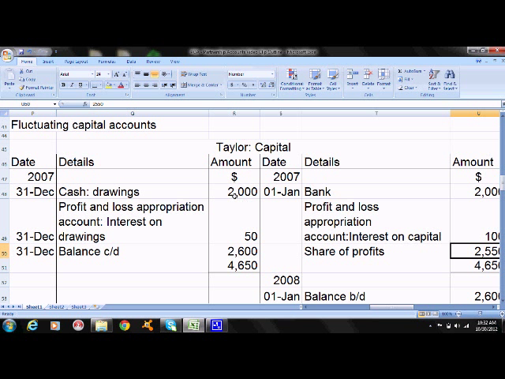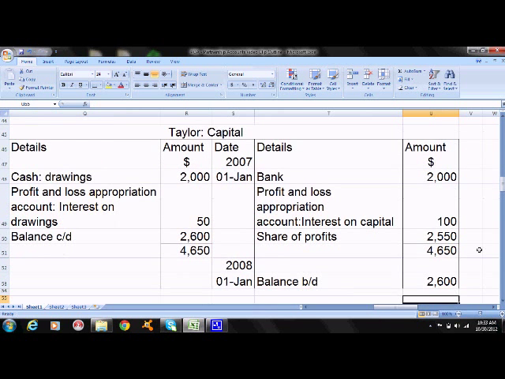Suppose it was 2,500 for the other year, and profits are 3,000 for the other year. See, it fluctuates, my friends. Because it is not the same, it fluctuates. Drawings and profits are not the same. That's why we call it fluctuating capital accounts.